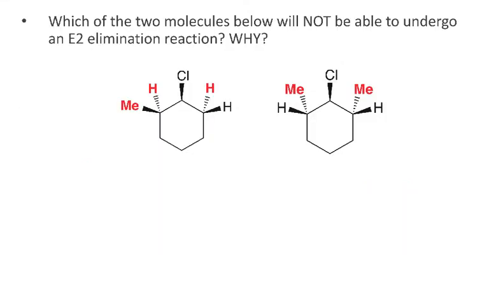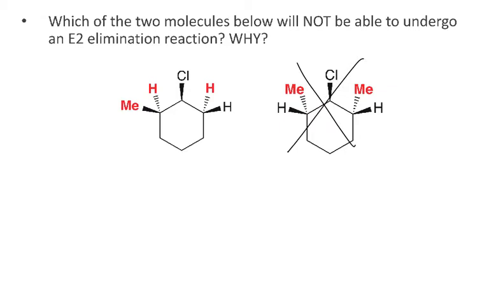All right, and so for an example of that, only one of these molecules can undergo an E2 reaction. So remember, to have an E2 reaction, the leaving group and the hydrogens have to be on opposite sides, right? One's got to be up and one's got to be down. So I think in this case, the chlorine's up, the hydrogens are up, and so there's no way to get an E2 reaction from this molecule.